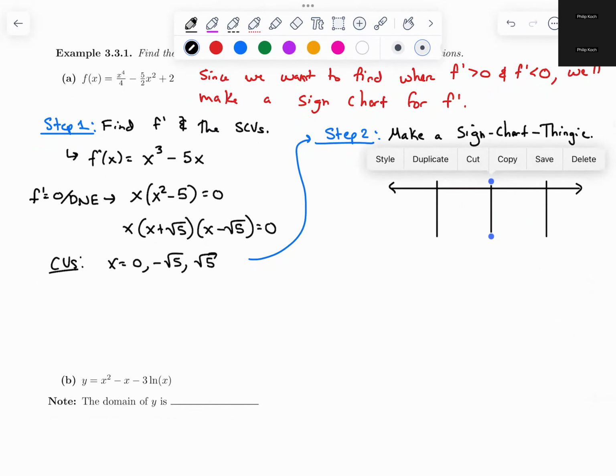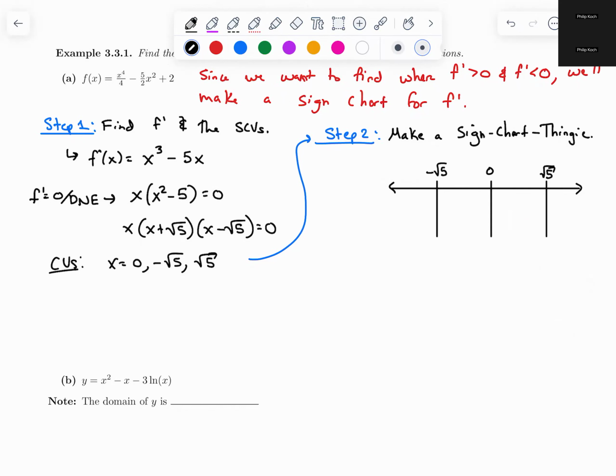Okay. And as a helpful little tip, I always recommend this to my students. Put your critical values, put any of the numbers that are important, put them above the number line. Because down below, you're going to be using test values, and then it gets kind of confusing if all the numbers are there. So we've got negative square root 5, 0, and square root 5.